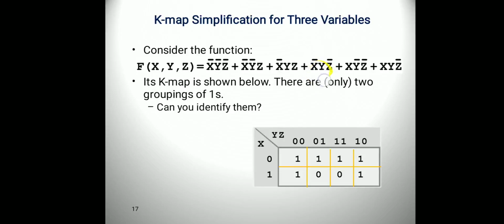In the fourth minterm, x is 0, y is 1 and z is 0, this cell. Then x is 1, yz is 0 0, meaning first column, second row, this cell contains 1. Then in the fifth minterm, x is 1, y and z both are 0 0, this.